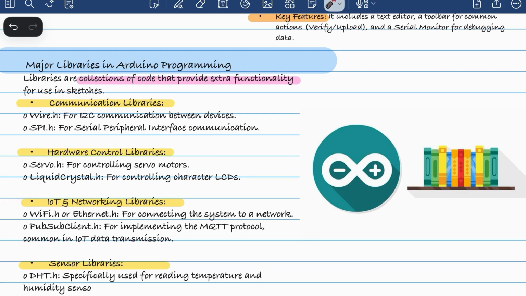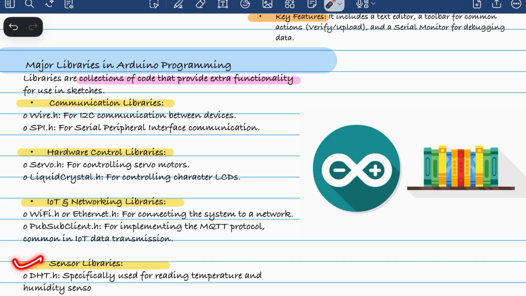Then we also have IoT and networking libraries. These are vital for our course, right? For example, WiFi.h or Ethernet.h. They allow your board to join the local network and to access the global internet. Once it is connected, we have PubSubClient.h, which implements the lightweight MQTT protocol, which lets your sensor node publish telemetry data packages straight to the cloud brokers.